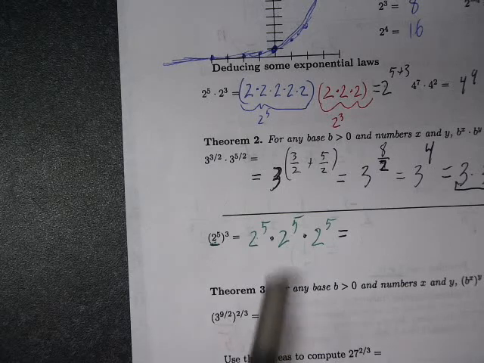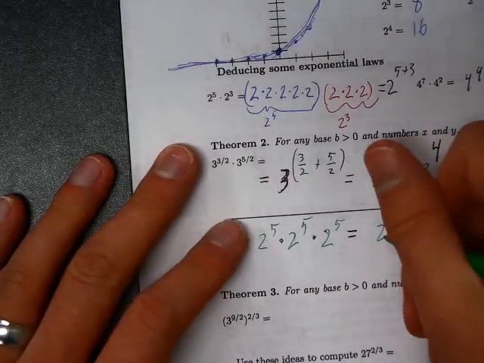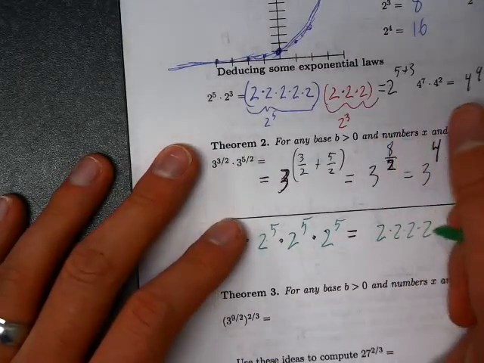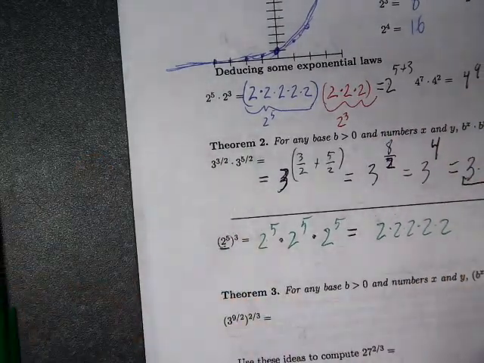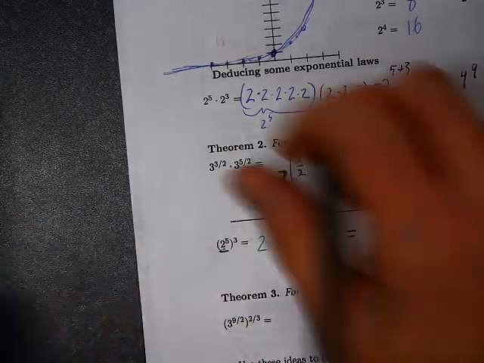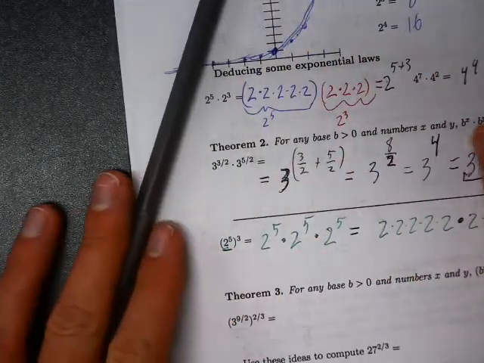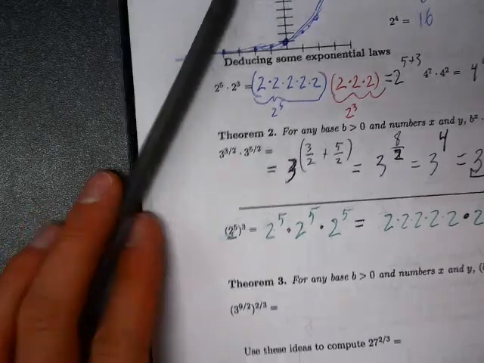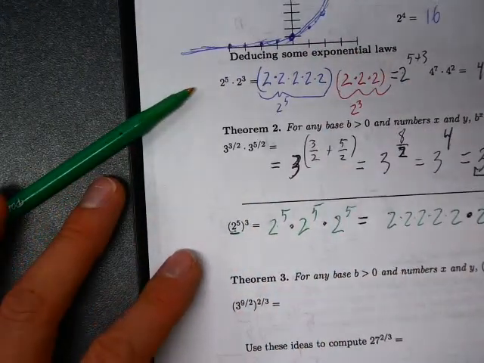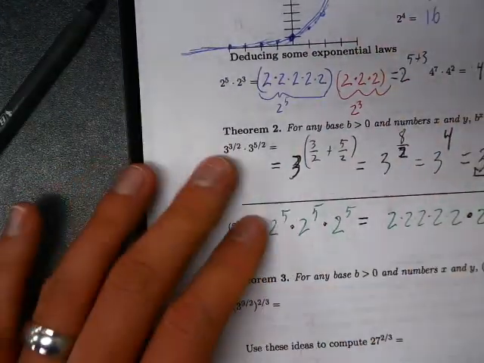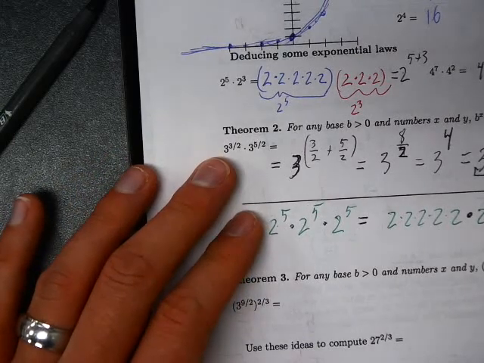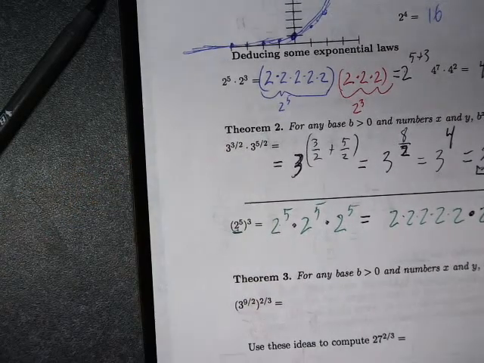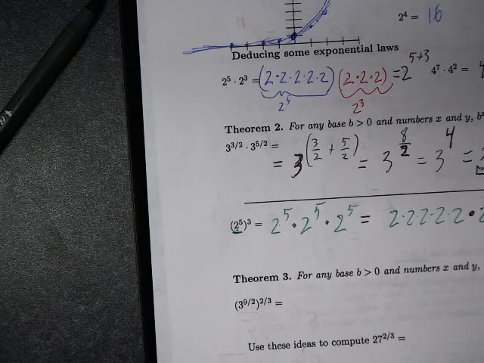So that means I can expand out each of these 2 to the 5ths as 2 times 2 times 2 times 2 times 2. That's 5 of them, right? Times 2 times 2 times 2 times 2 times 2, times 2 times 2, 3, 4, 5. How many 2's did I just multiply together? 15.